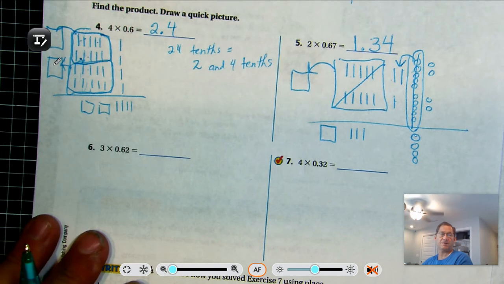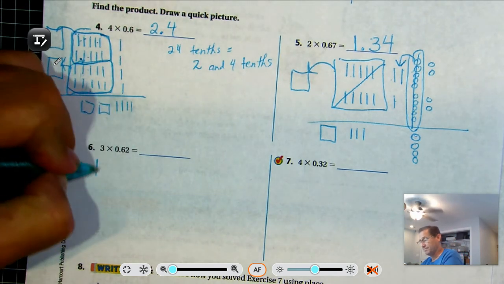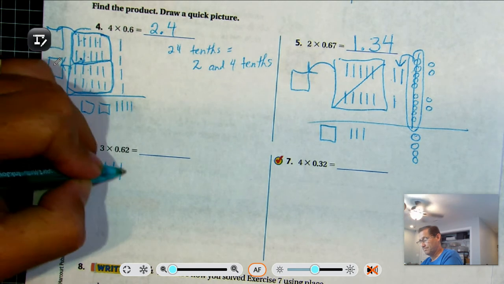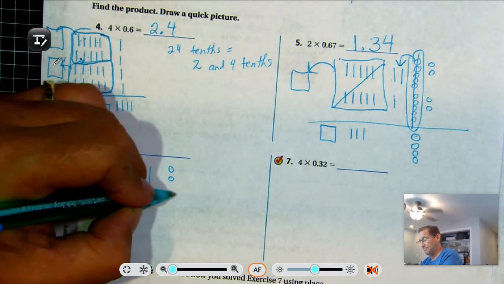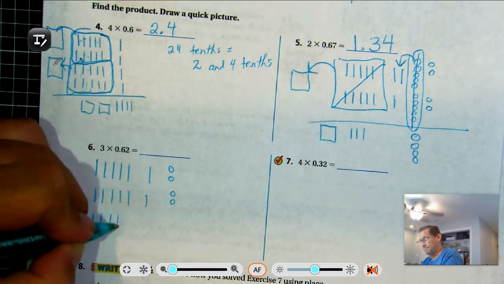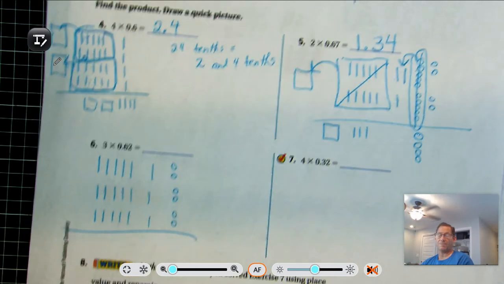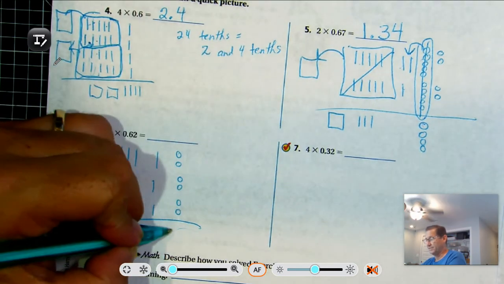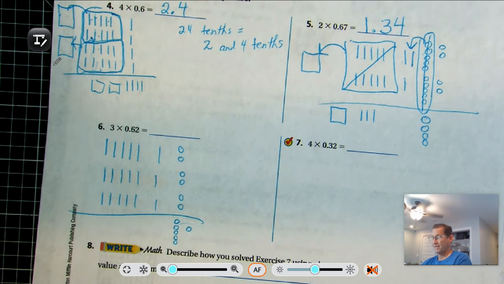All right. Number 3, this time you need 3 sets of 62 hundredths. Okay. Combine the hundredths. There's 6 hundredths. You don't have to regroup. How about the tenths?